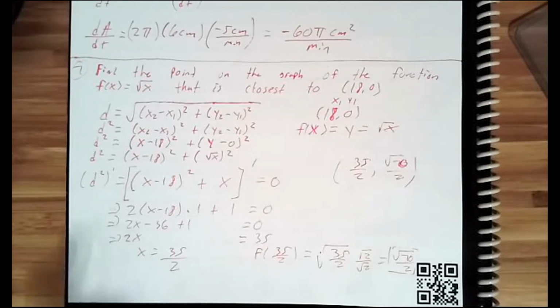I think the hardest part is knowing what formula to use and what you're trying to do. When I first read it, I'm like, okay, what are you talking about, right? So what I recommend is whenever you hear minimizing, maximizing, lowest or closest, that is an optimization type problem.